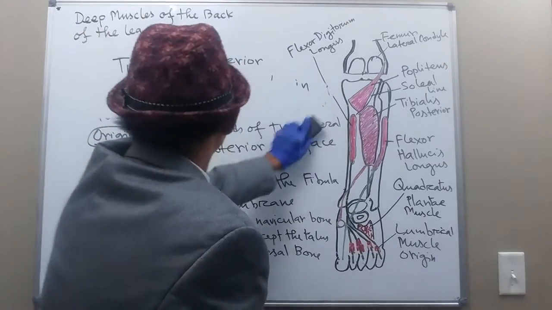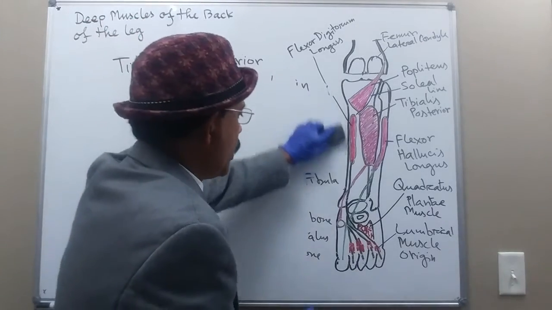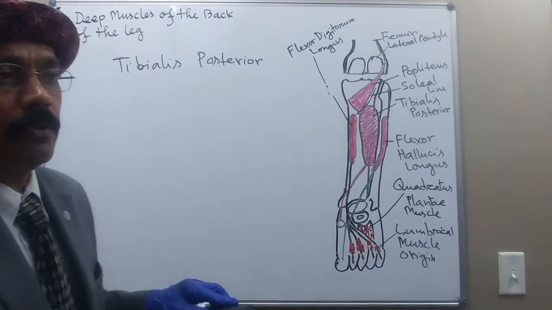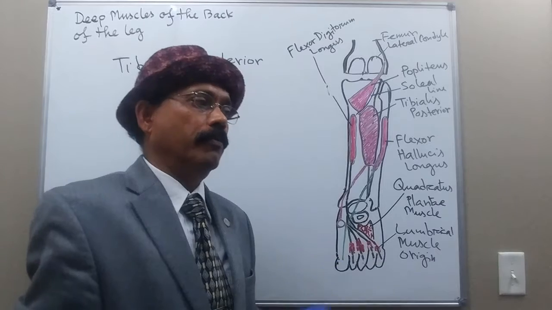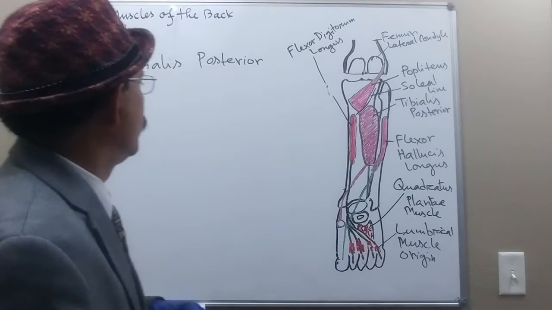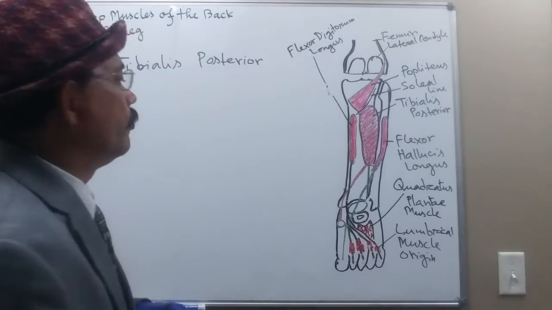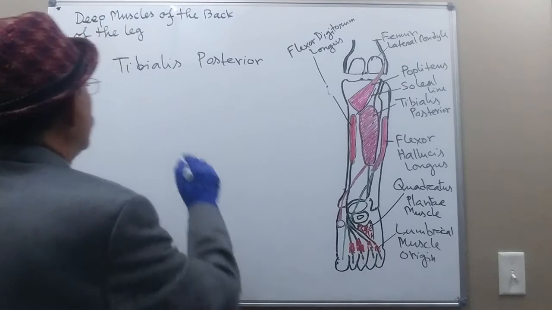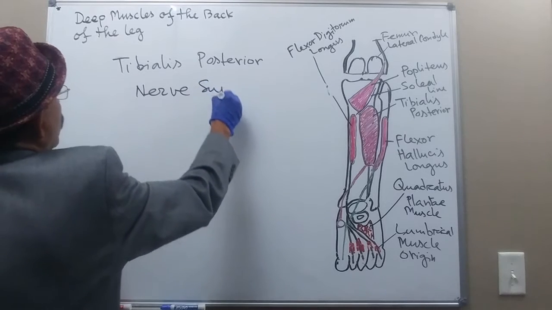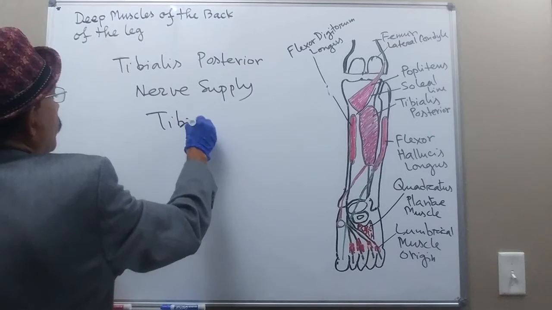So we got the tibialis posterior, origin and insertion. Insertion to many bones, with the exception of the talus and also the first metatarsal bone. It inserts into all the tarsal bones, and also the second, third and fourth metatarsal bones. Then its nerve supply, again very easy to remember, the tibial nerve.